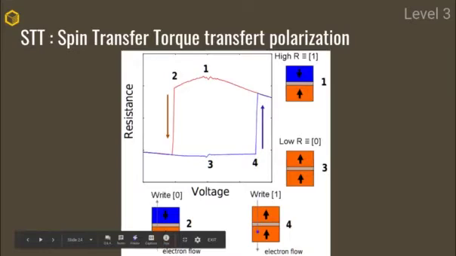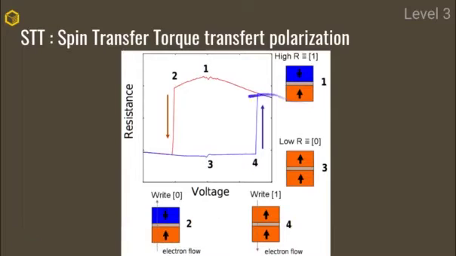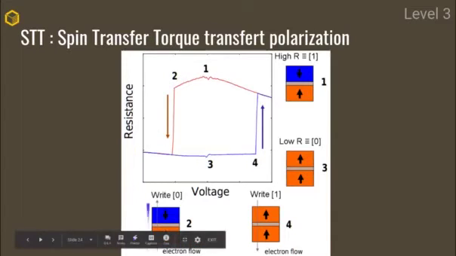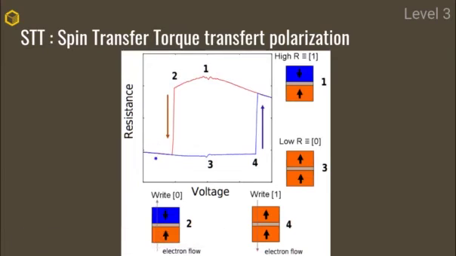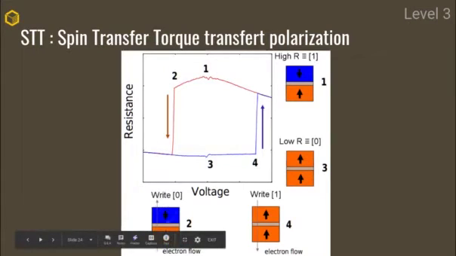So they'll flow here, and then they'll bounce back, and then they'll change the polarization of this one. And so now I'll be in this state. And now if I wanted to write a parallel configuration, my flow of electrons would be the other way around, and they'll start little by little changing the polarization here until I get into a parallel state.